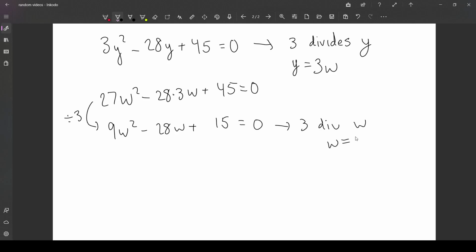And so we can write w as a multiple of 3. And so putting that in here, and after dividing by another 3, what we're going to have is 27z squared minus 28z plus 5 equals 0.